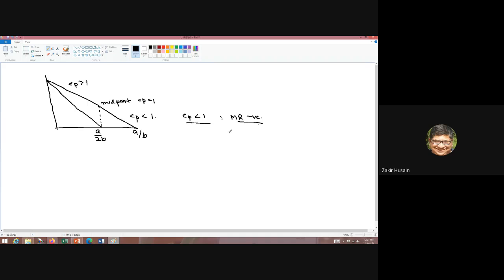What does this mean? That if you are selling more, the total revenue, price into quantity, is going to decrease. Think of it from the seller's viewpoint, right? Why do you sell?